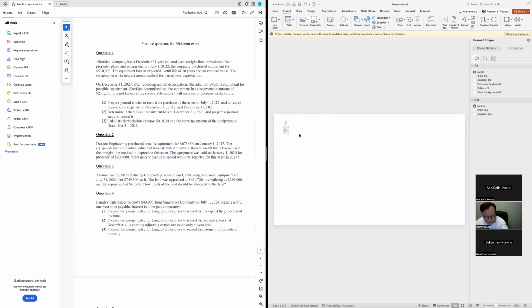This is question number 3. On December 31st, 2023, what is the carrying amount after recording the impairment loss? Remember, we recorded an impairment loss on December 31st, 2023. My question for you is, what is the carrying amount after we recorded the impairment loss?